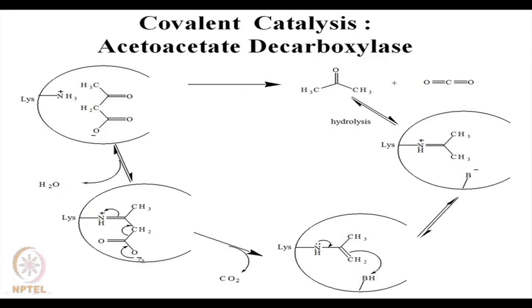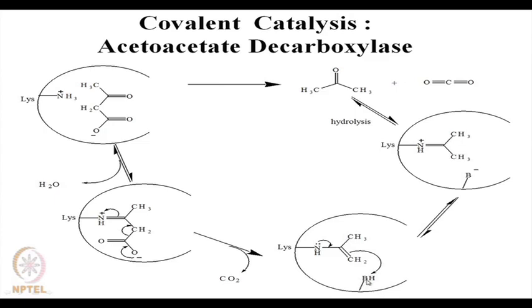So, what is happening is that when this backfires, there is a pull of electrons from this side to this side. So, this backfires, then this bond cleaves, minus CO2. So, this is your product. Then you see there is another side group, maybe BH.